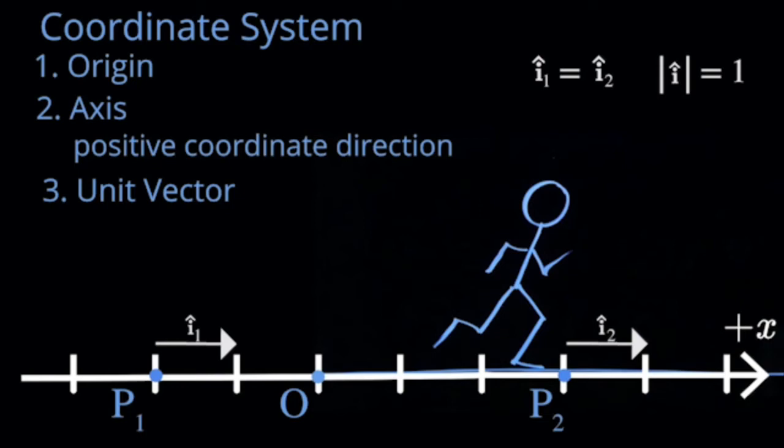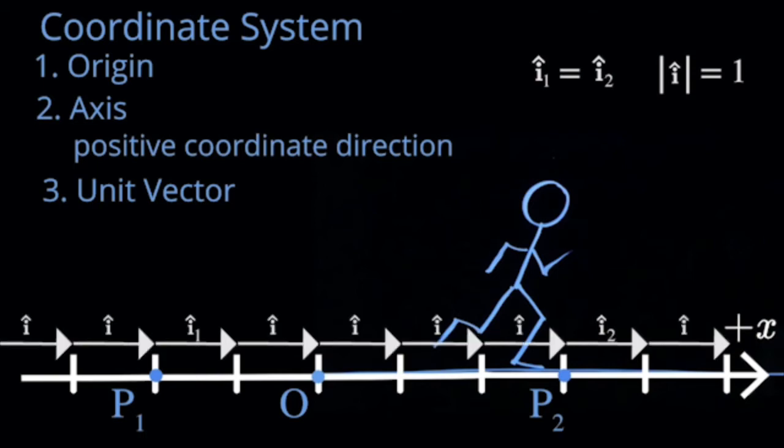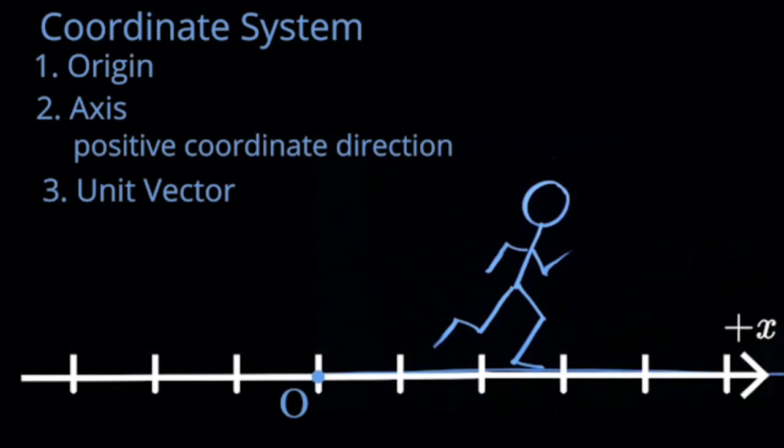So what makes this Cartesian coordinate system unique is that at every single point, no matter where we are, the unit vectors point in the positive direction. Because they have the same magnitude and direction, all of these unit vectors are equal, and we call that I hat. So symbolically, we may draw a picture and indicate our unit vector in the positive x direction.